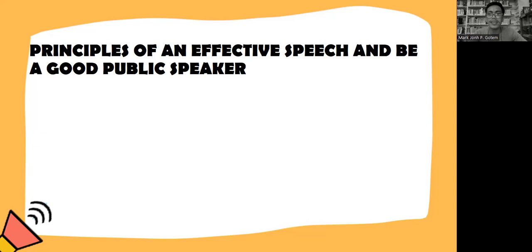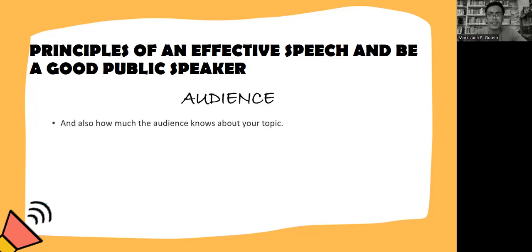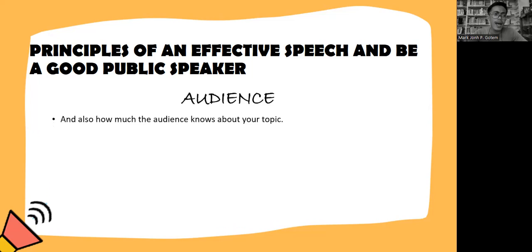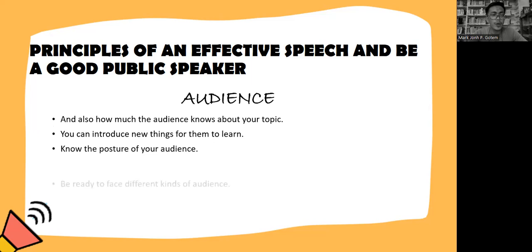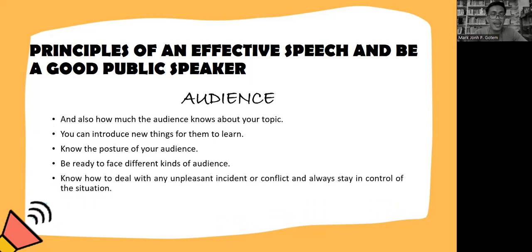Next is the audience, also how much the audience knows about your topic. You can introduce new things for them to learn, know the posture of your audience, be ready to face different kinds of audience, and know how to deal with any unpleasant incident or conflict and always stay in control of the situation.